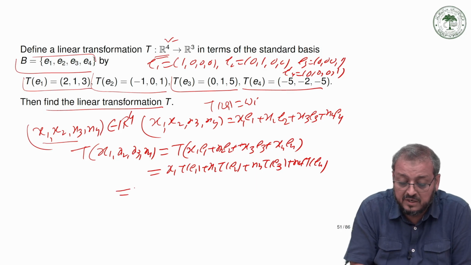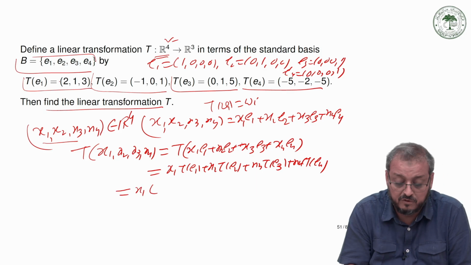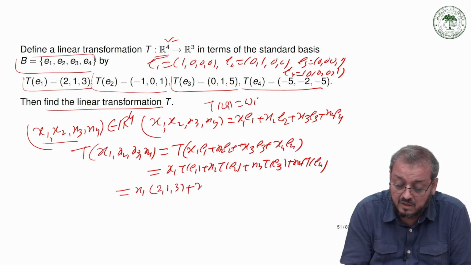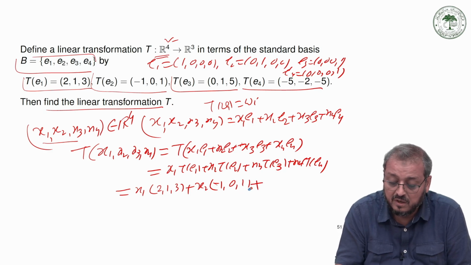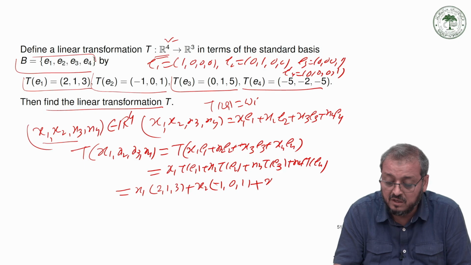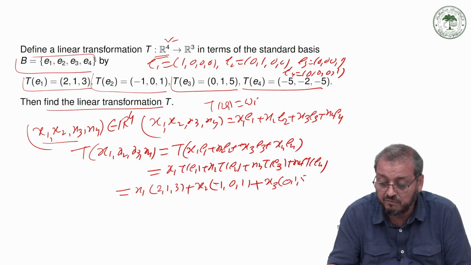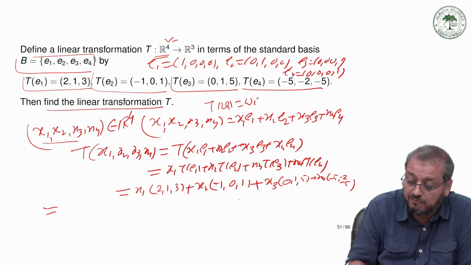Substituting, this is x1 times 2, 1, 3, plus x2 times minus 1, 0, 1, plus x3 times 0, 1, 5, plus x4 times minus 5, minus 2, and minus 5.